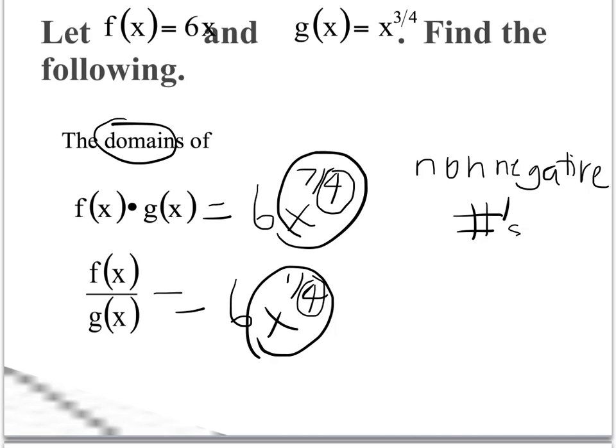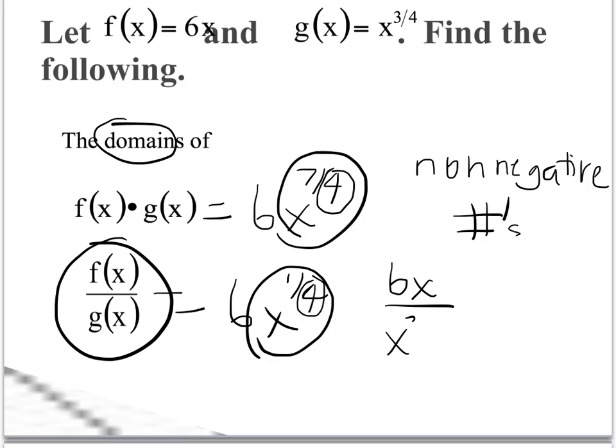Here's where the tricky part comes in. When we look at this division, f of x was 6x. And x to the 3/4 power was in the denominator. So even before I simplified it, I've got this x to the 3/4 power on the bottom. And the one number that we cannot have in the denominator is 0. Remember, that's going to give us an undefined number.